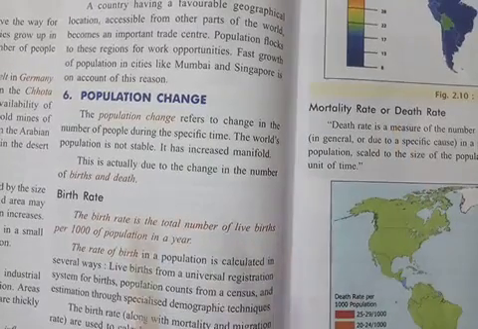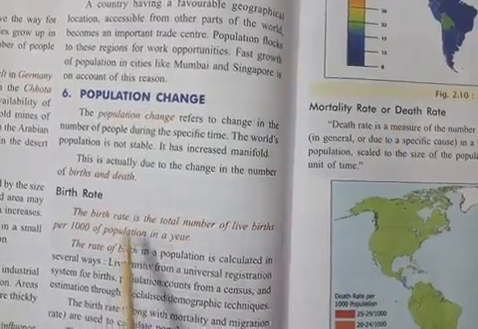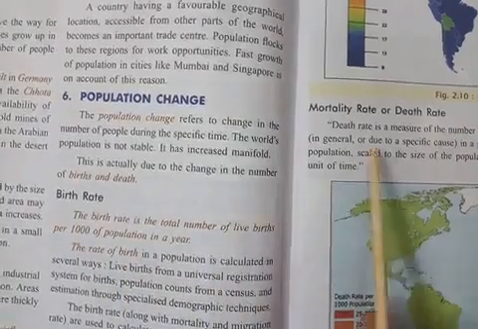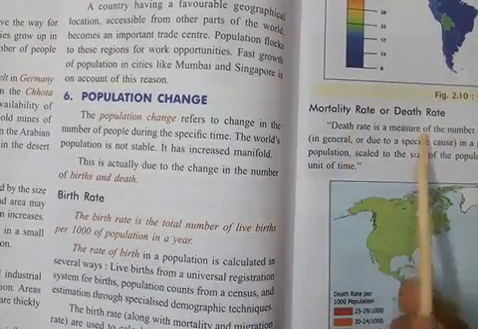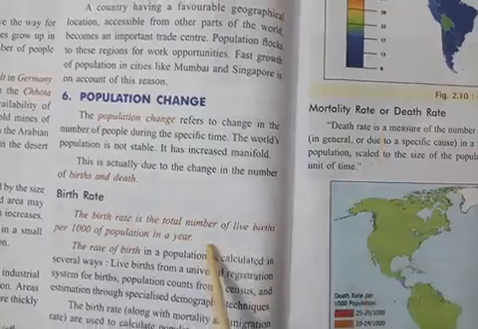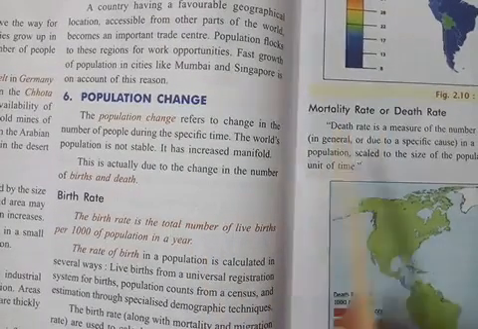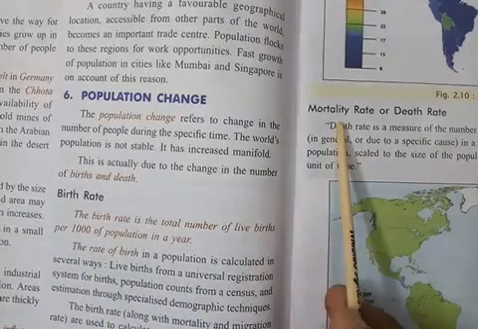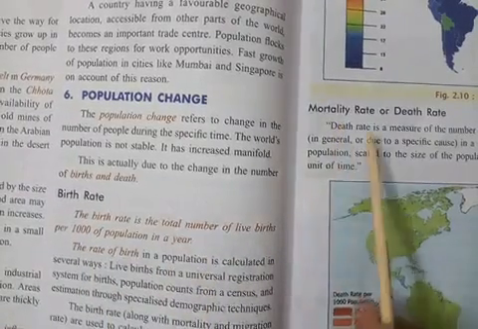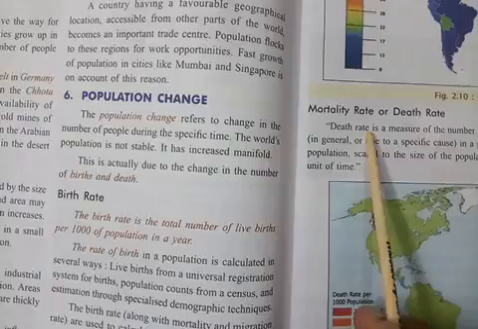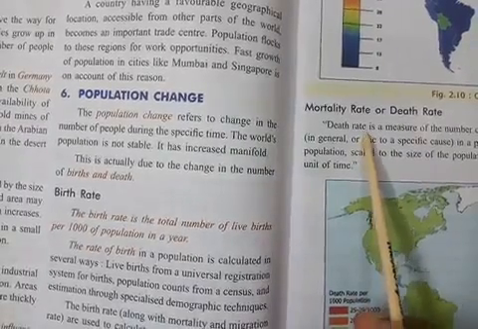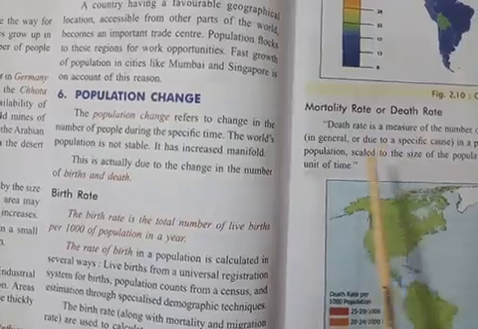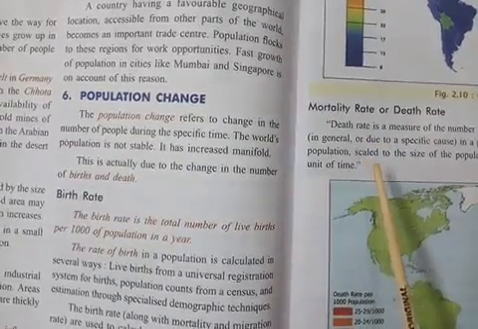Then the third case, when the birth rate is very high and at the same time the mortality rate is also very high. Both are high. In that region, where both birth rate and mortality rate are high, you will find the population is neither growing nor decreasing.